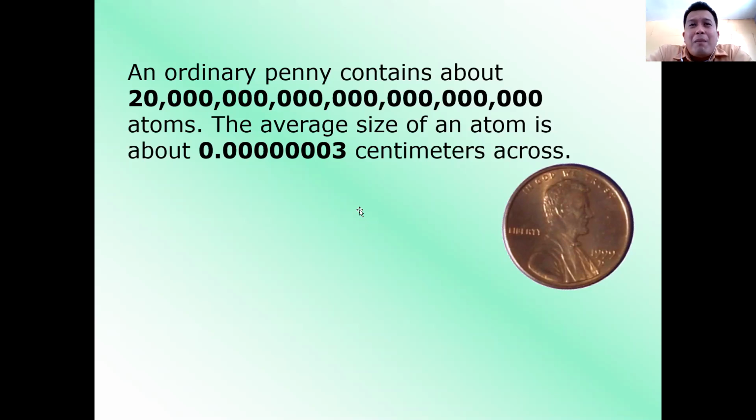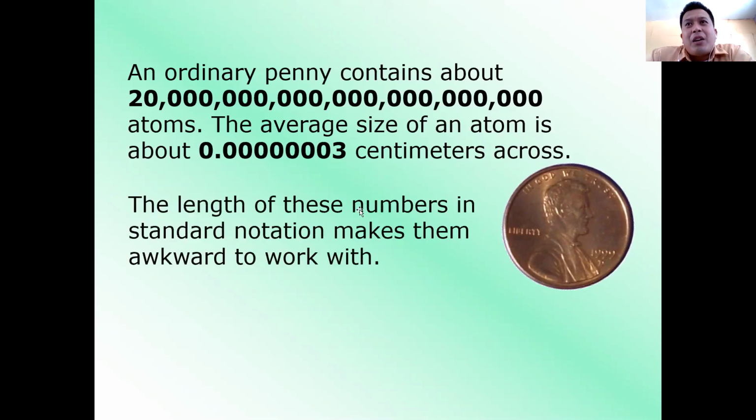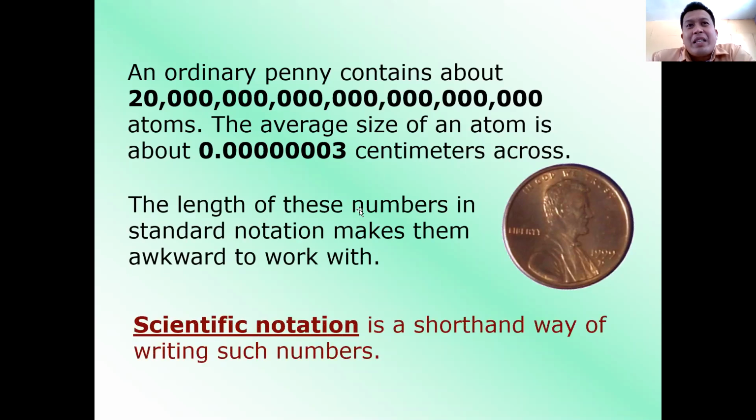That problem could end up with a very lengthy solution, especially since we involve bigger numbers. That is why we're going to introduce the concept of scientific notation. Scientific notation is a shorthand way of writing such a number. So how are we going to write the number of atoms present in a penny? How many significant digits are there in 20 septillion, class?